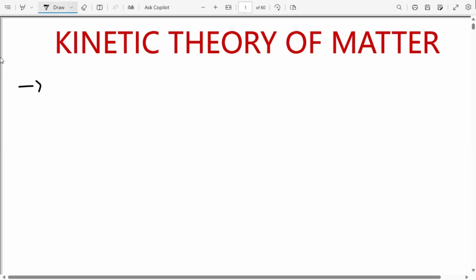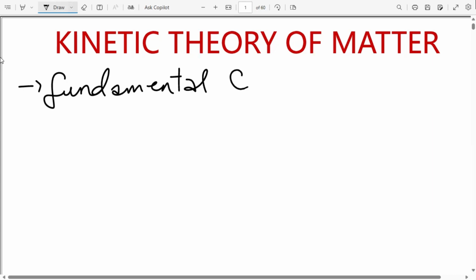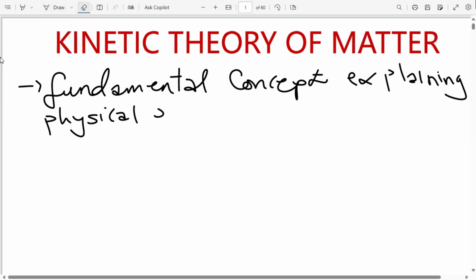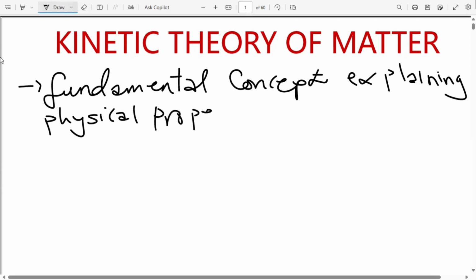We can relate this to the fundamental concept that basically explains the physical properties of matter.